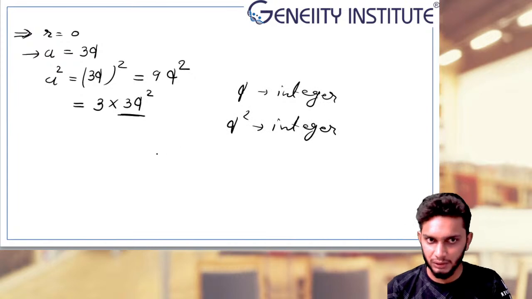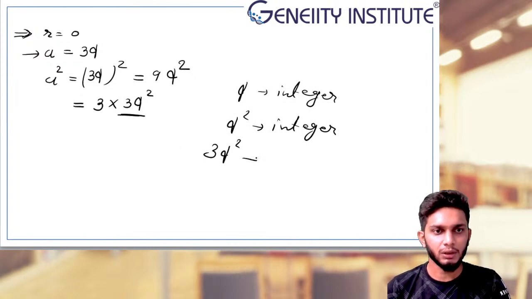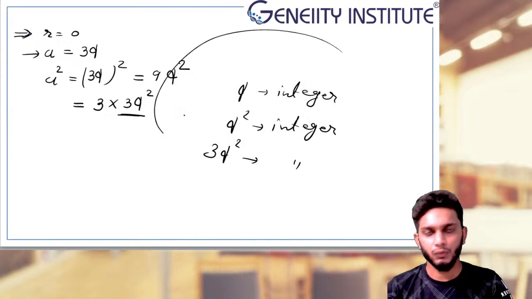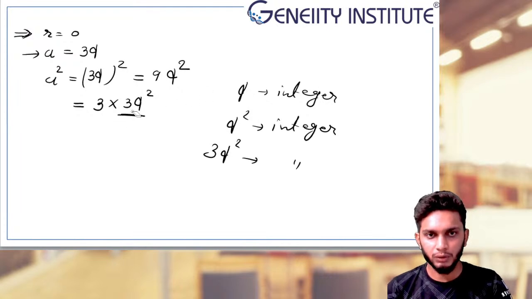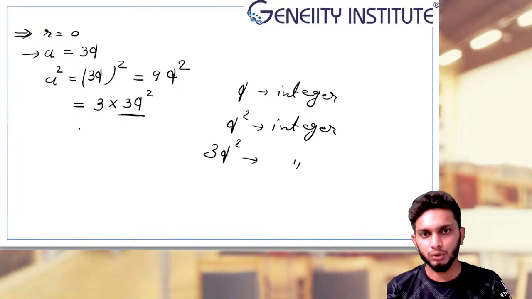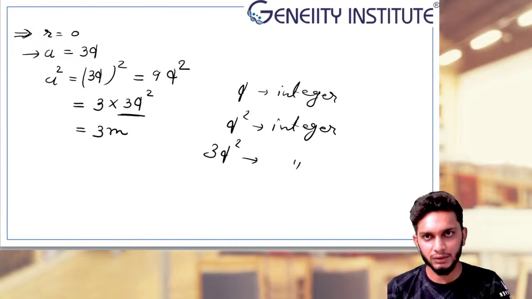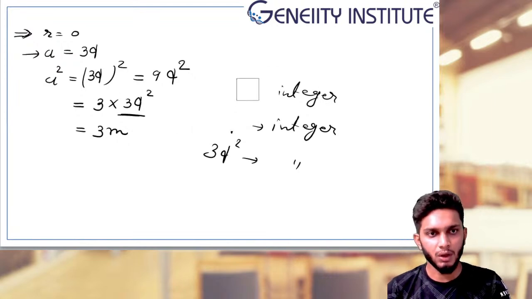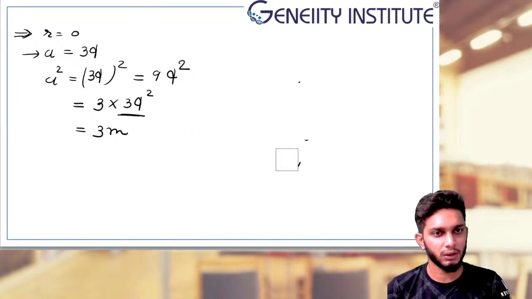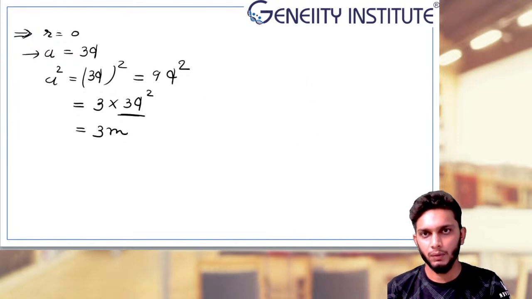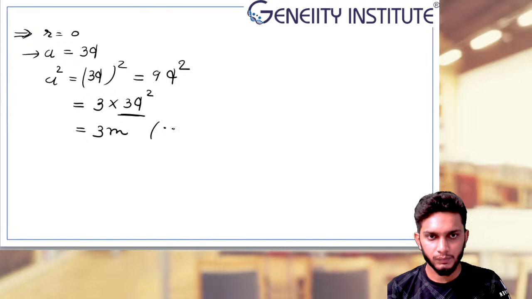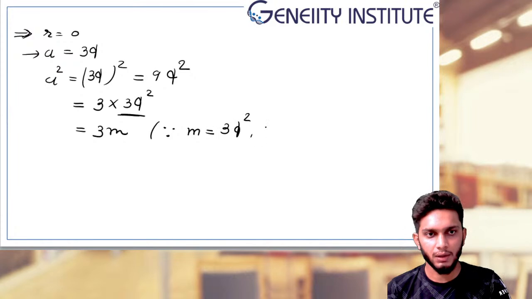Square of an integer must be an integer, and multiplied by 3 it is also an integer. So 3q squared is an integer, and we can assume 3q squared as m, where m is equal to 3q squared and m is an integer.